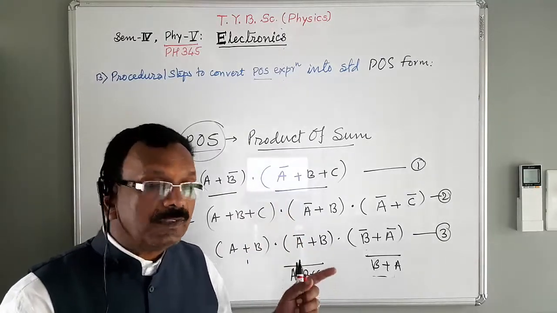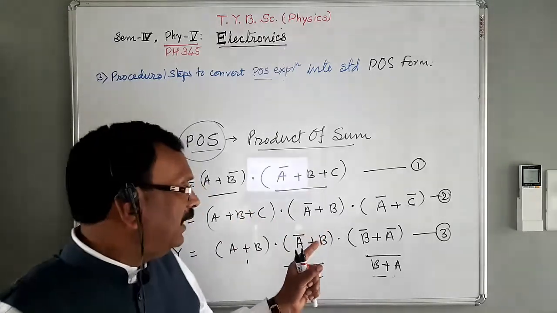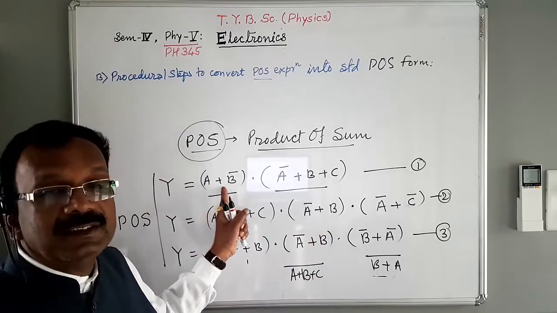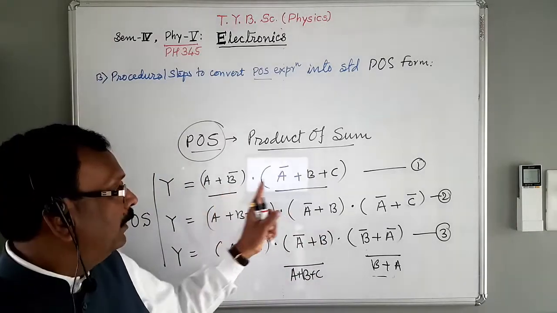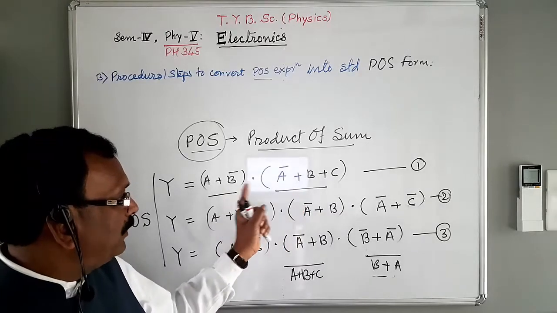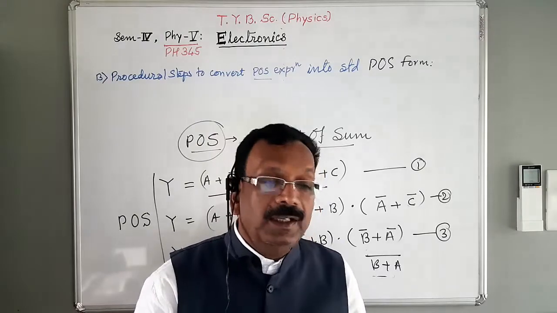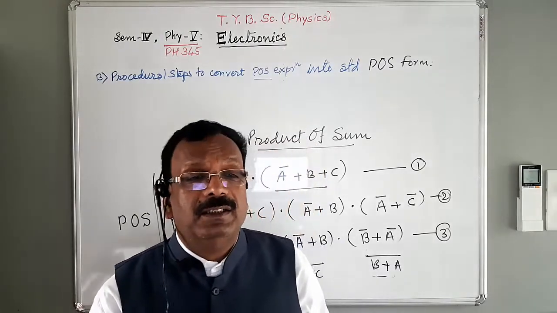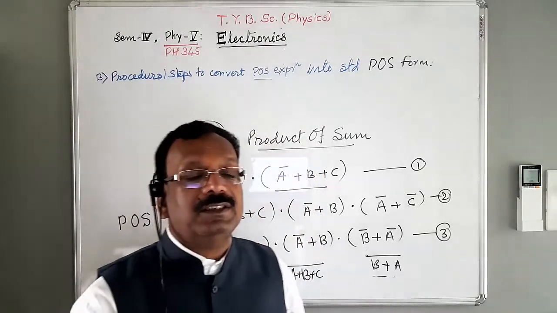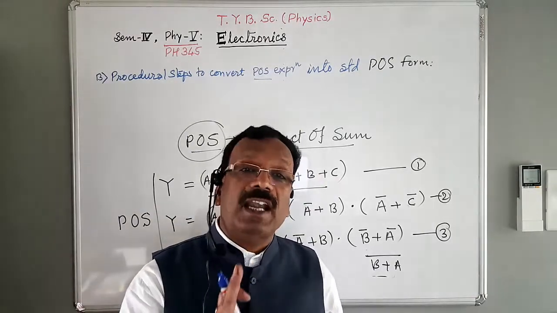Here it is found that there is a bar on only one variable. Okay. Now a POS form expression has sums like this sum or this sum, and when we take the product of these two sum terms, we will get the POS form. It must be noted that all these equations are in POS form but not standard form.